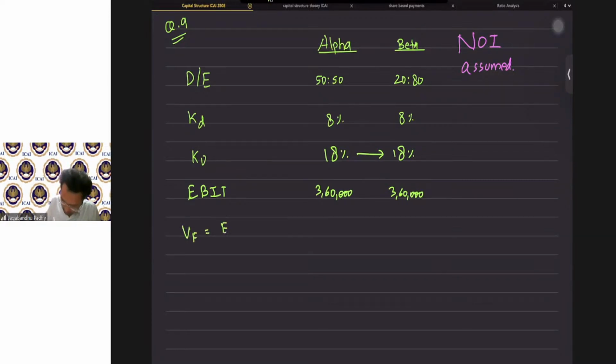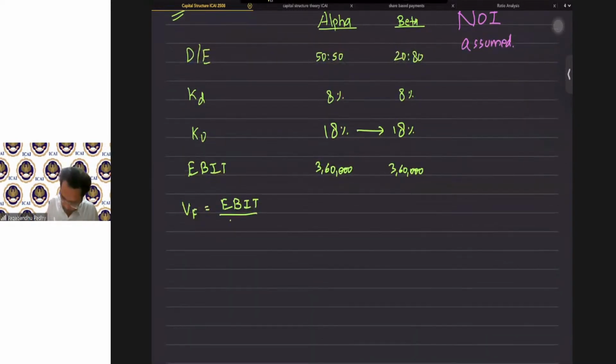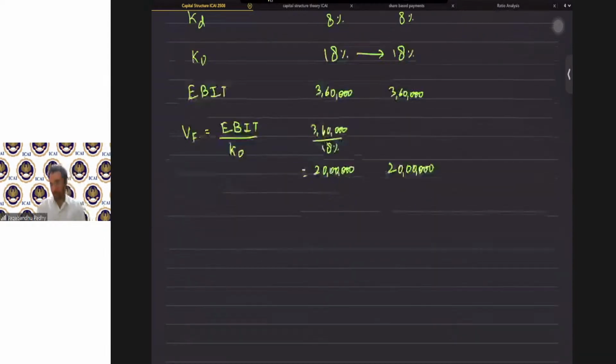Value of the firm is going to be EBIT upon KO, which is 3,60,000 divided by 18%. That works out to be 20 lakhs. And that's going to be the same even for Beta Limited.